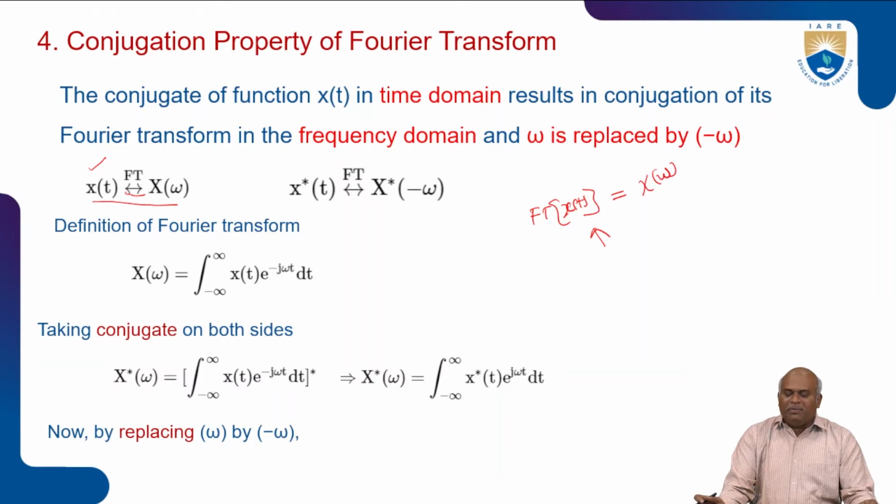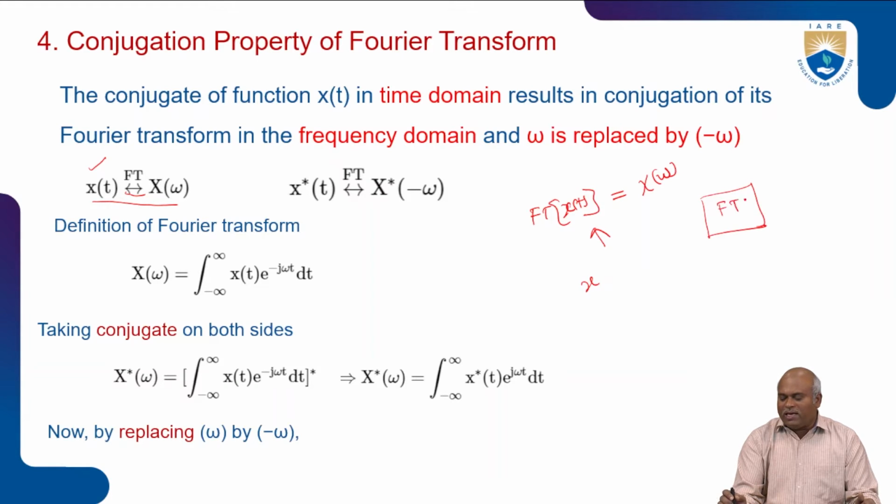As per the conjugate property statement, we take the conjugate of x of t in the input side. The Fourier transform system function gives, for the input x of t in the time domain, the frequency domain output X of omega.